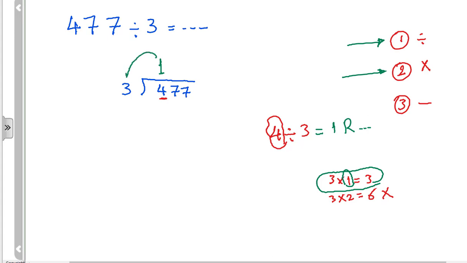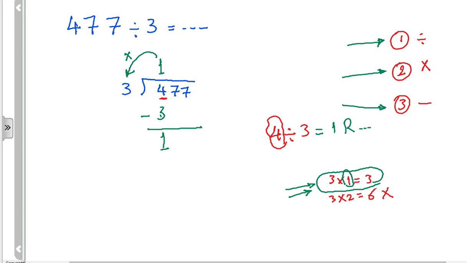Multiply 1 by 3. Of course, we know the answer because we have the equation. It's 3. What is the next step? Subtract to get the remainder. So subtract 4 minus 3 equals 1.